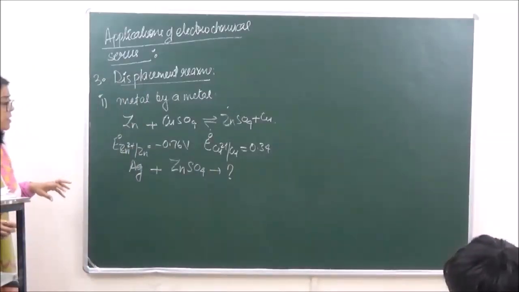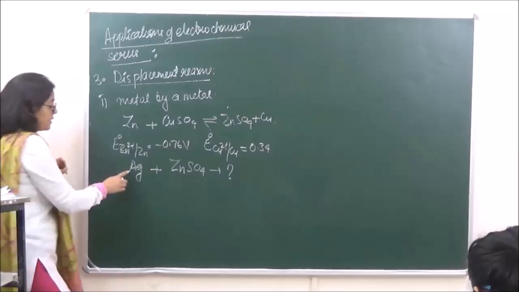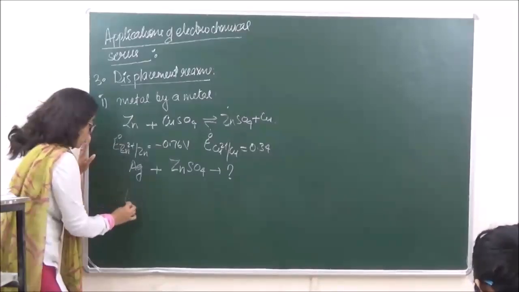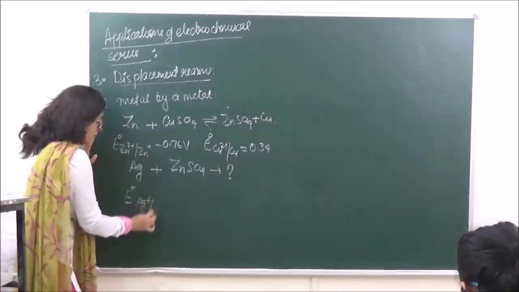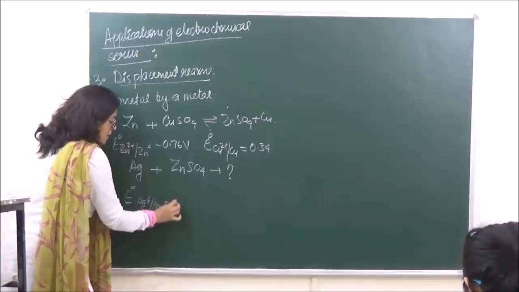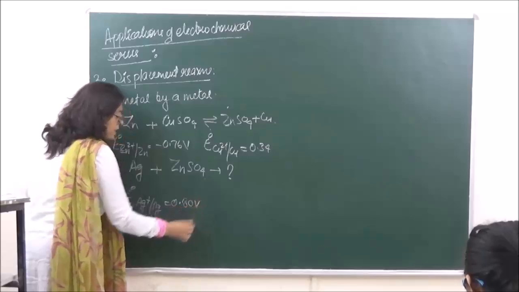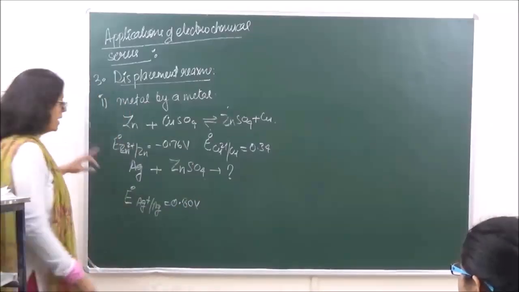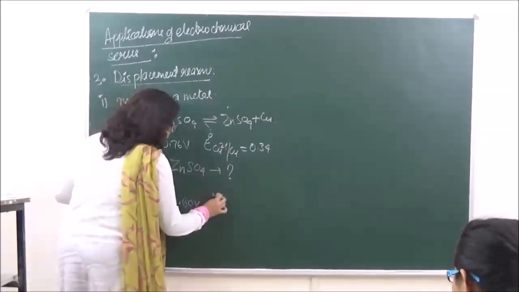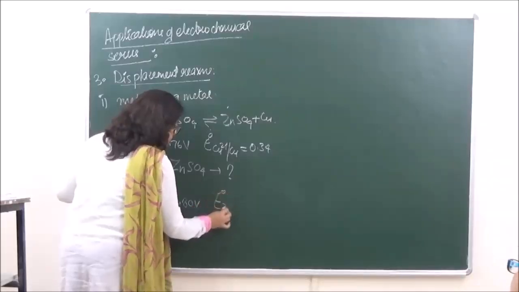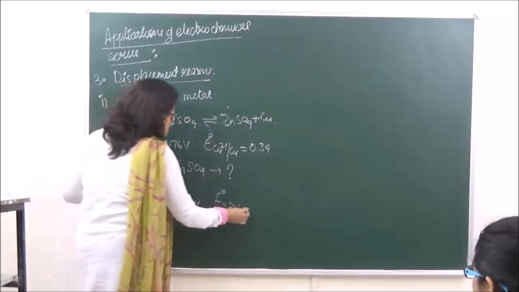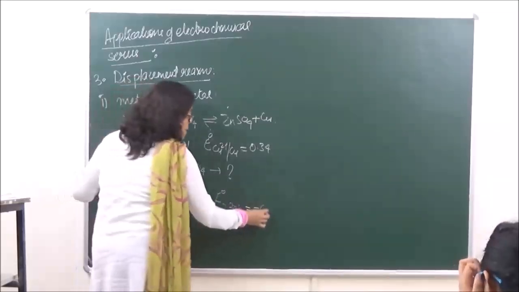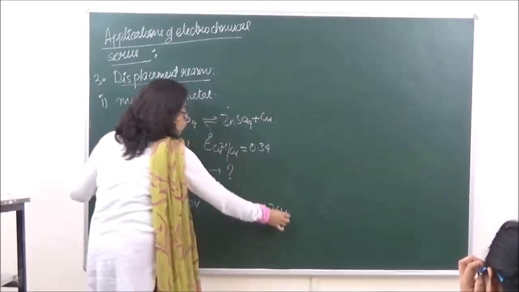How do you manipulate such questions? The value of E naught for Ag+ to Ag is 0.80 volt, and for zinc it is minus 0.76 volt.